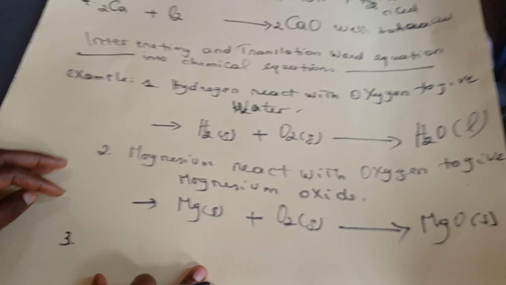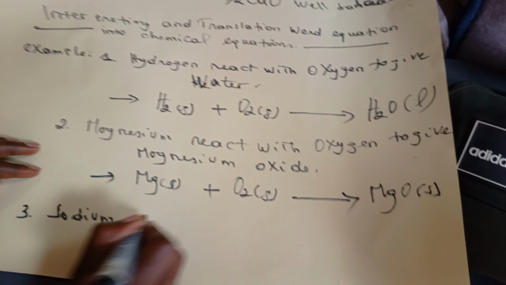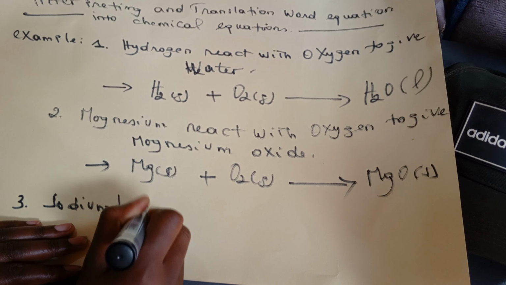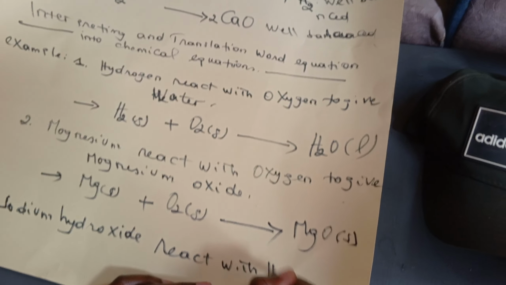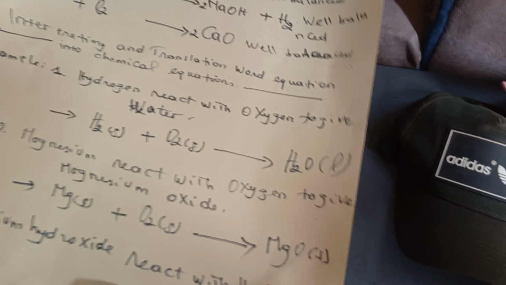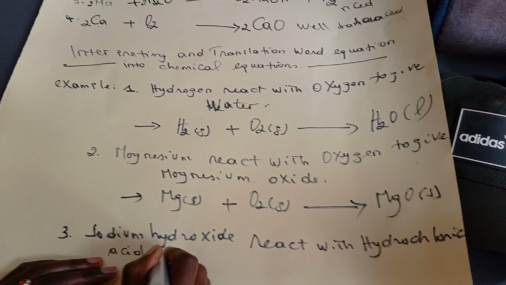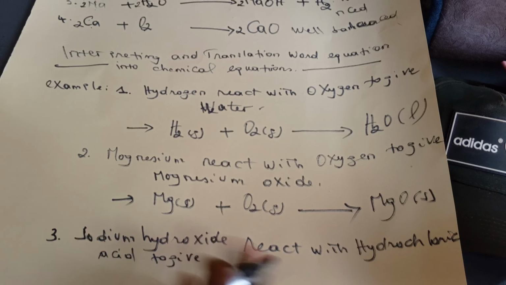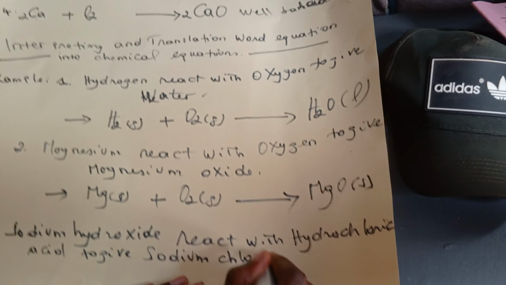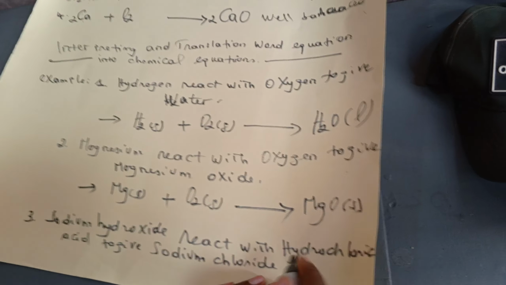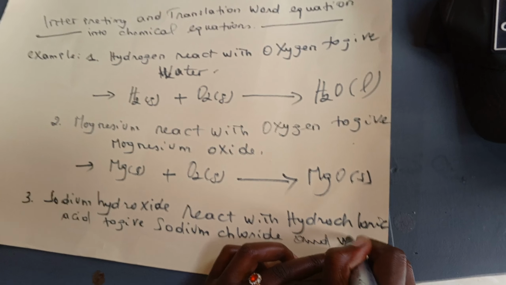Example number 3, when you write sodium hydroxide reacting with hydrochloric acid to give sodium chloride and water.